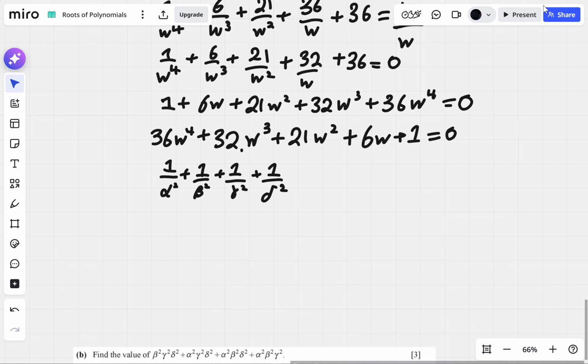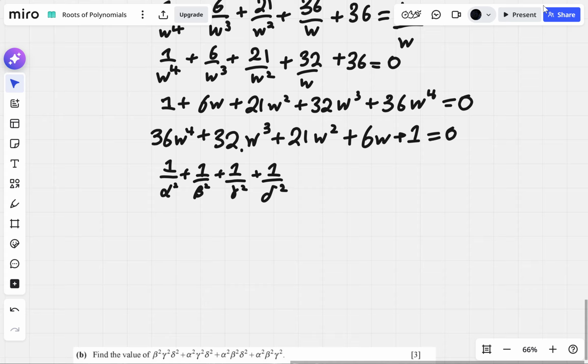Now you may see that 1 over alpha squared, 1 over beta squared, 1 over gamma squared, and 1 over delta squared are just the roots of the equation we just found. So technically this is just the sum of the roots of the equation.